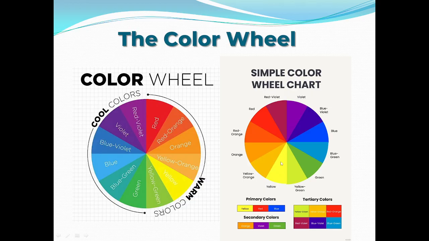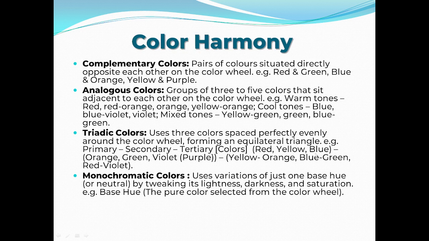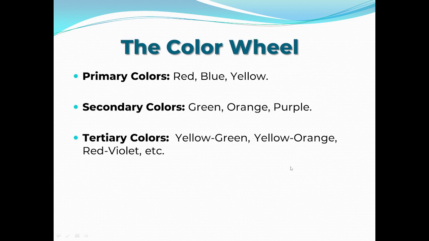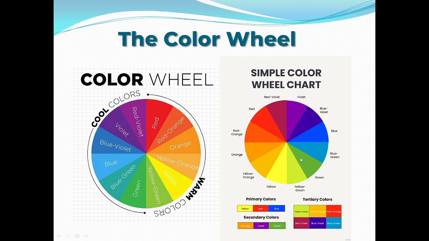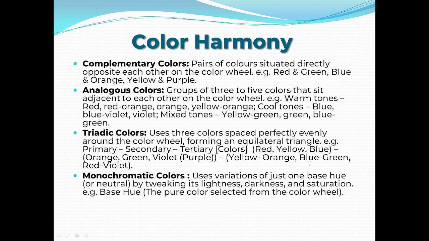You also look at the secondary side, so you can see orange, purple, and green. And then we also have yellow-orange, blue-green, red-violet. So anything tri, or three, just know that when you see something like tri, it means three.